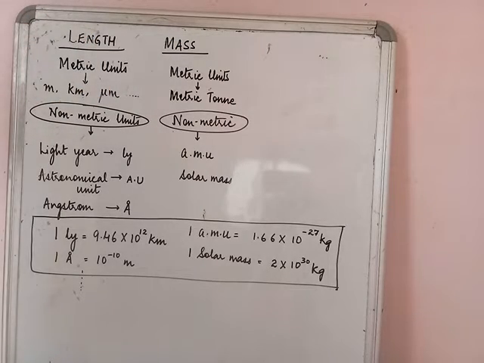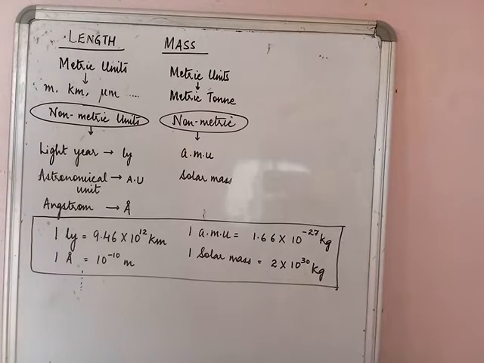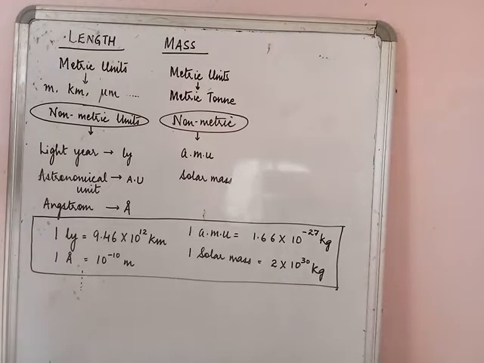Along with these, we also have the non-metric units, which do not take their origin from meters. If you talk in terms of the length or the distance, you must have heard a light year. A light year is the distance traveled by light in 1 year.